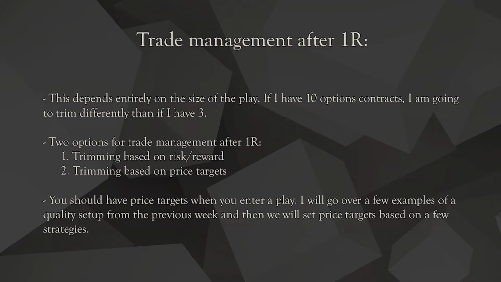But with that being said, for options contracts, obviously you have a wide range of contracts that you can buy. You can buy a 60-cent contract. You can buy a $5 contract. I have found more success buying multiple contracts instead of just one or two contracts.